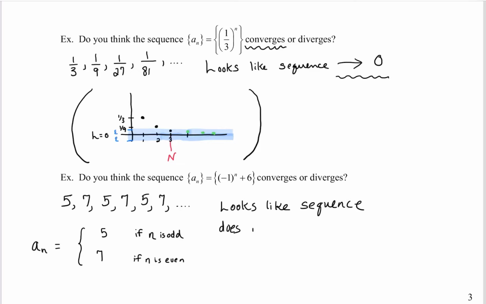Doesn't look like it's approaching a single limiting value in this case. Looks like it's approaching two different values.